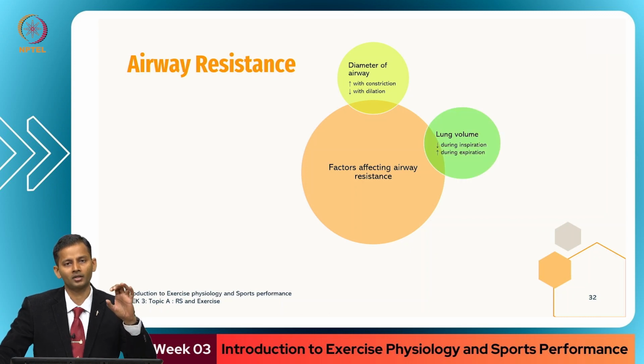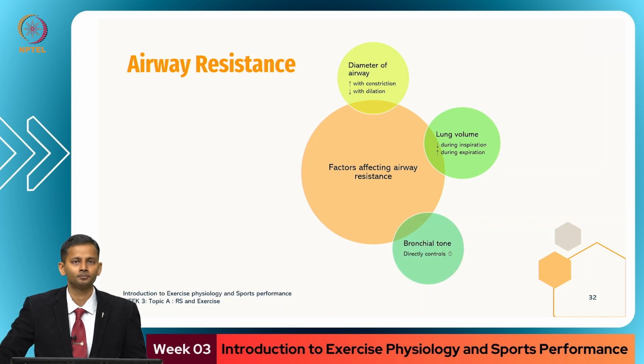And if the diameter is more, with bronchodilation, there will be better ventilation. The effort will be lower. So that's an important aspect, and how people use certain drugs for this, changing the diameter and improving their performance. Hence certain drugs which cause bronchodilation are banned according to the World Anti-Doping Agency.